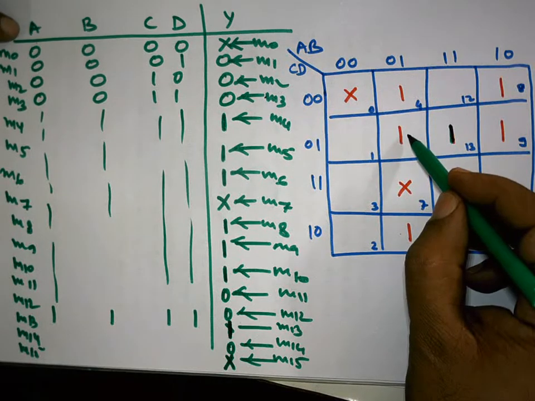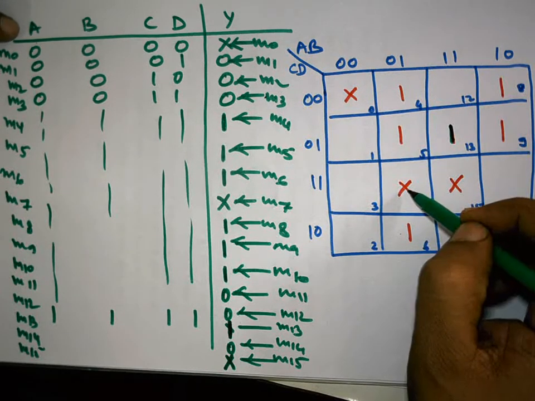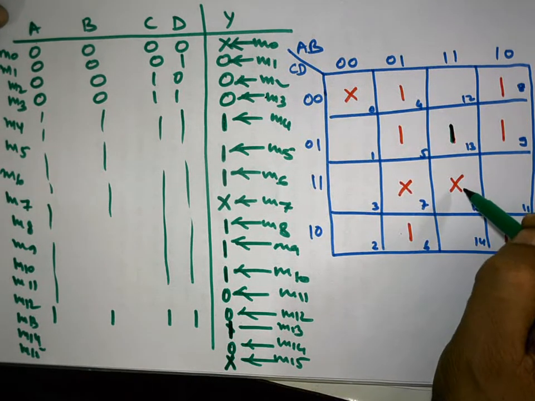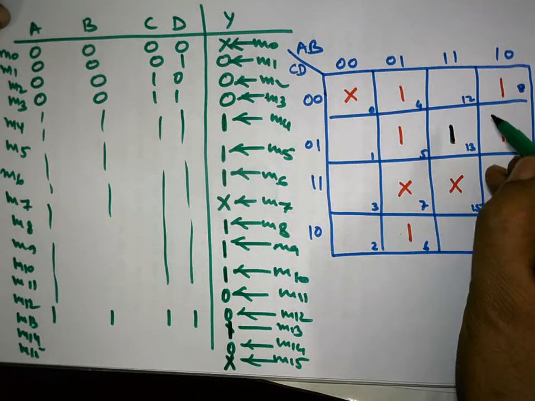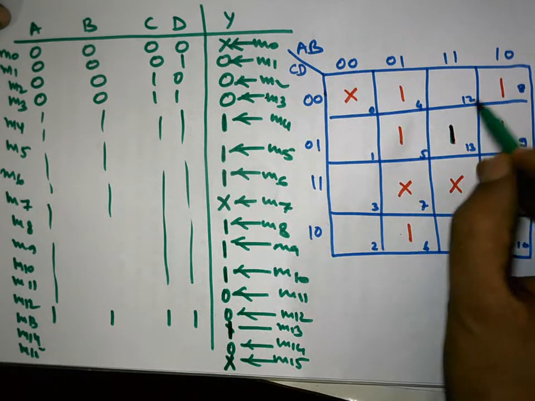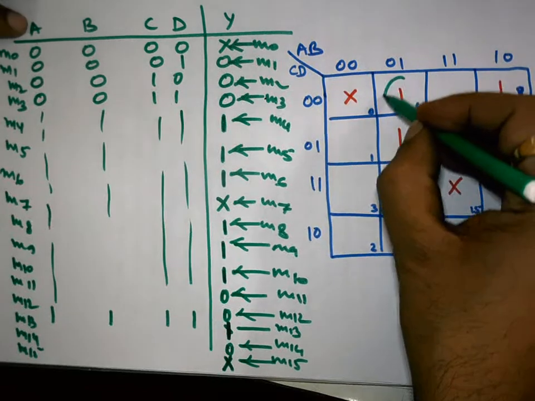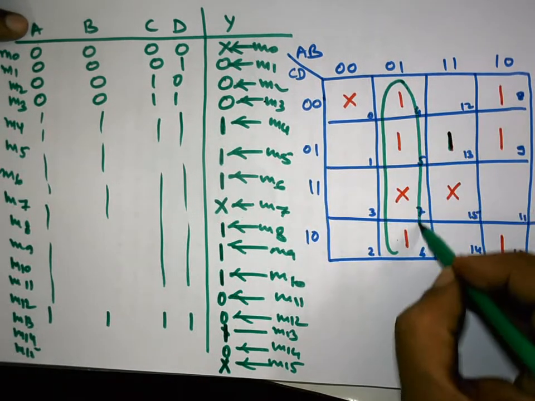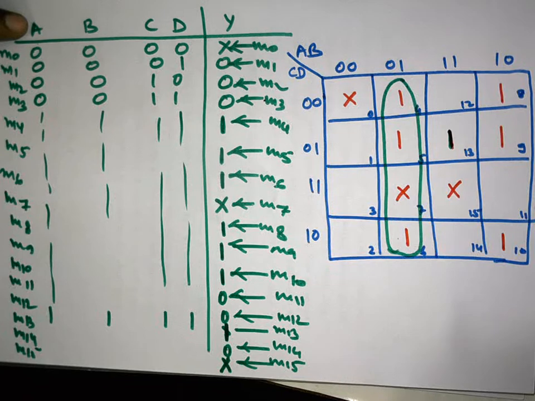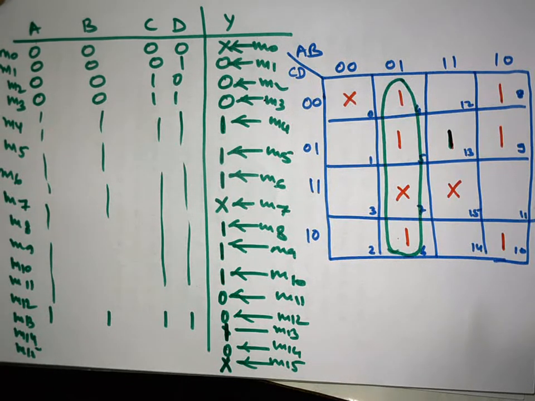So this one, this don't care and this don't care are not adjacent with this one, okay. This will form a different group. Rather, first I should approach the biggest group. In very first attempt I should approach for the biggest group, and this is the biggest group incorporating one and don't care.